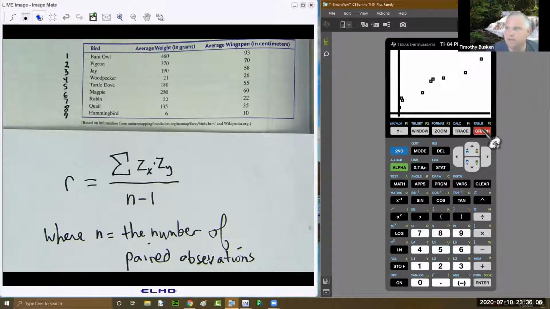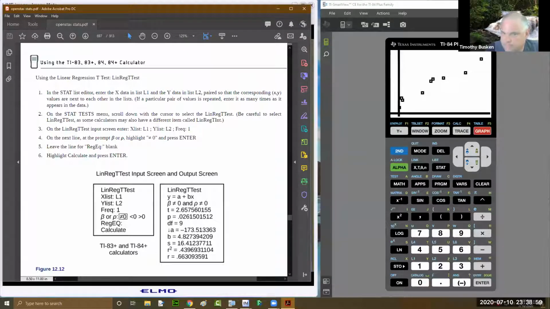To use the calculator, we've got to follow this list of steps. Here's that list of steps we're going to use to find the correlation coefficient R. So once you've got the data in list 1 and list 2, we want to use the calculator's LinReg T-Test.